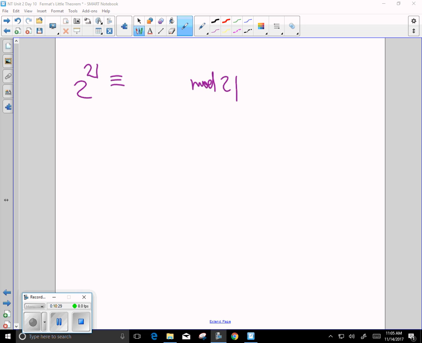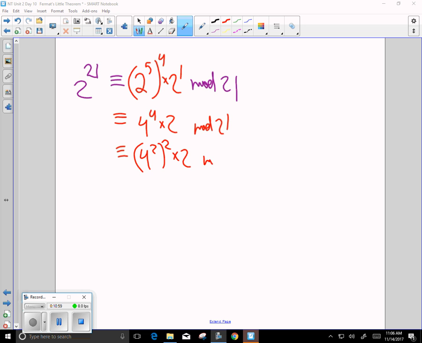I'll finish this example. So this is going to be 2 to the 5th to the 4th times 2 to the 1st, which is congruent to 4 to the 4th times 2, mod 21, which is the same as 4 squared squared times 2, mod 21. 16 is going to be negative 5 squared times 2, mod 21. 25 is going to be 4 times 2, mod 21.